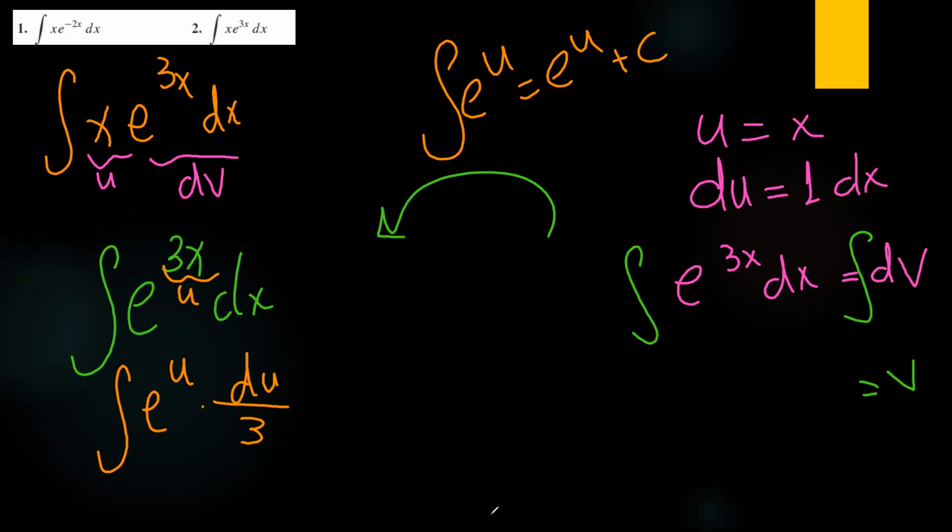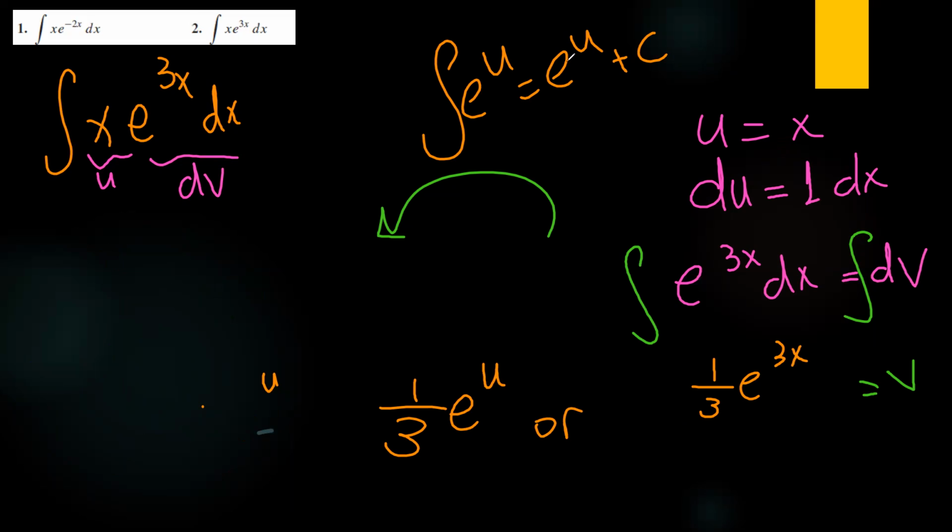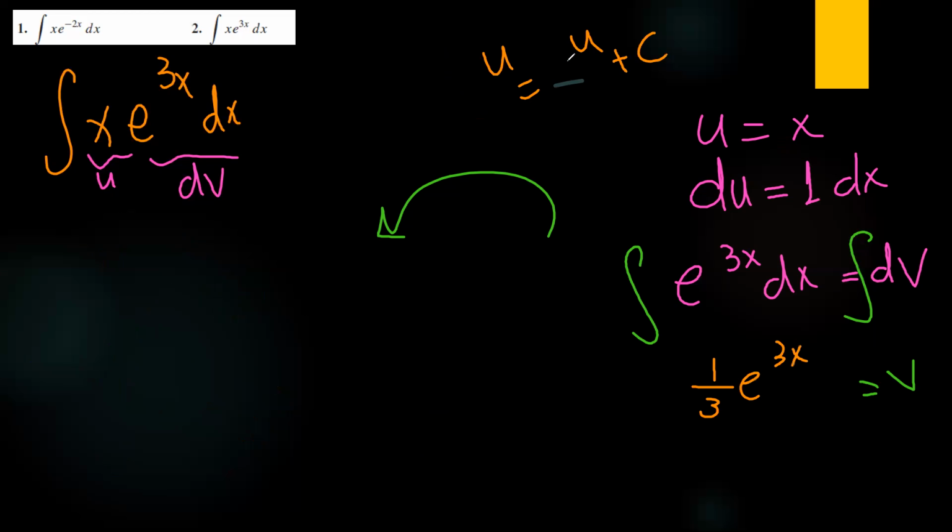So now we have 1 over 3 e to the power u, or 1 over 3 e to the power 3x. So now v will be one third e to the power 3x. By now, is it clear? Yes, teacher. That's lesson 3. I think most of you know how to find the integration of e to the power x.